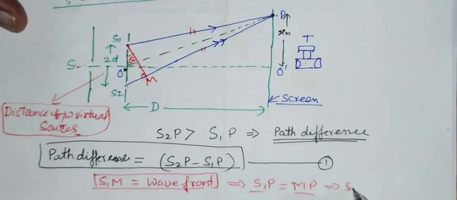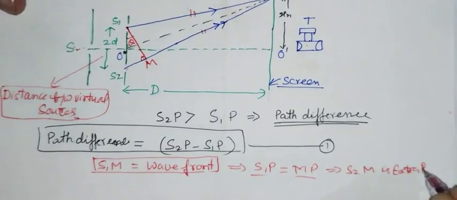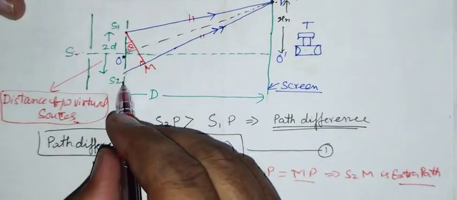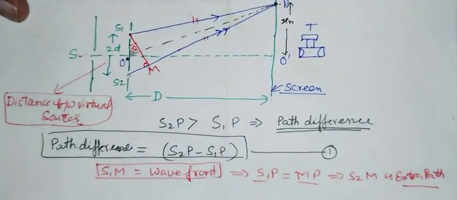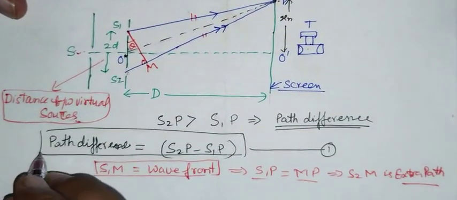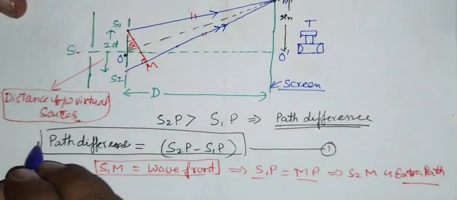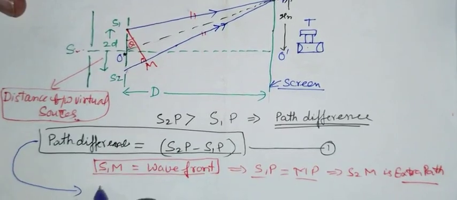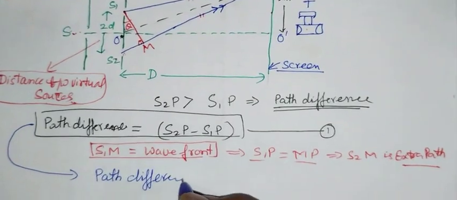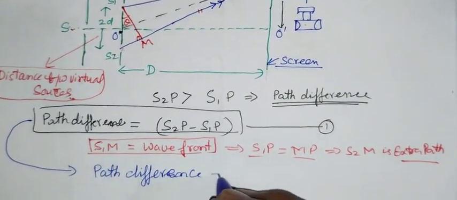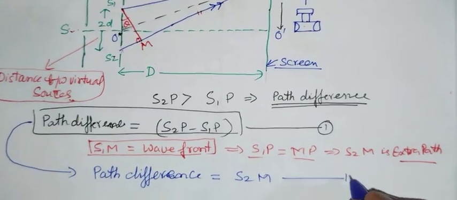This implies that S2M is the extra path traveled by the ray of light emitting from source S2. This extra path is called the path difference. That is why this path difference can be written as path difference is equal to S2M, in equation 2.